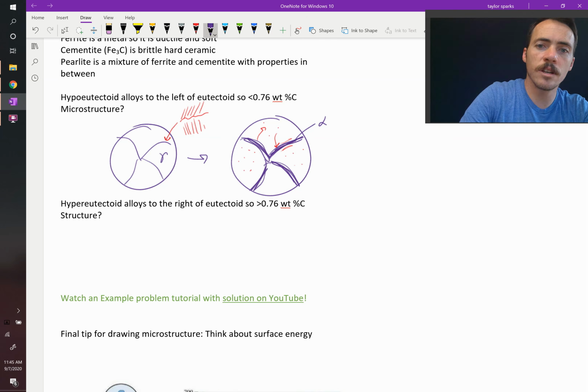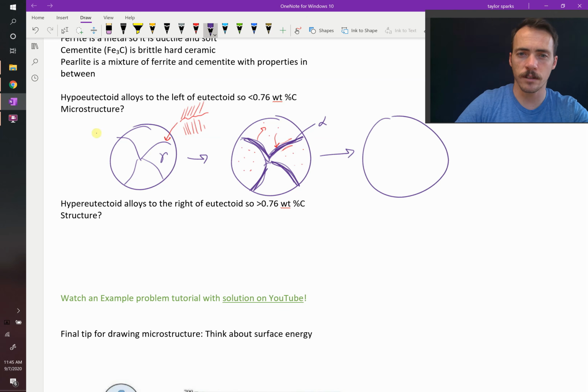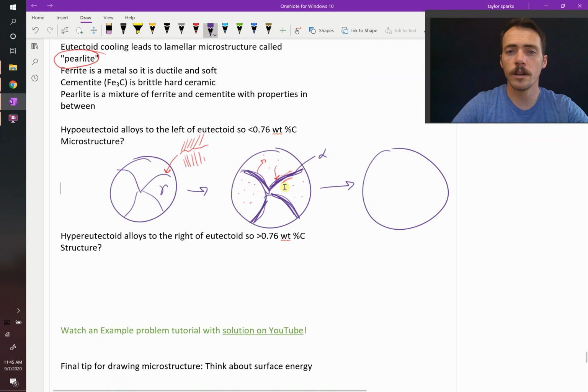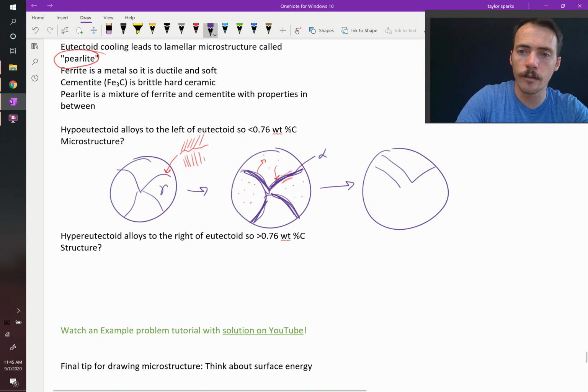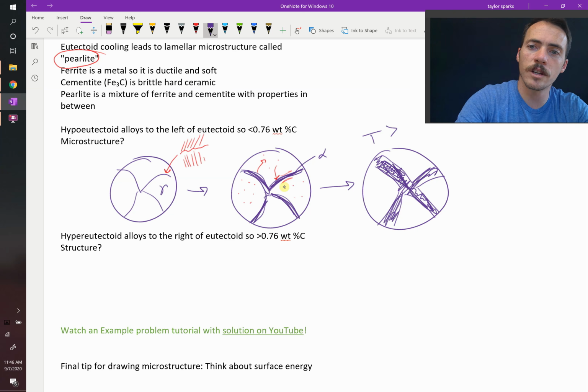Anyways, as you continue to cool this thing down, you're going to reach some point just above the eutectoid, where you've reached the lever rule and you've got as much of the ferrite phase as is thermodynamically favorable to form, right? So here's all of your ferrite phase. As much as it wants to form is now formed along these grain boundaries. Now, this is temperature just above the eutectoid, okay?